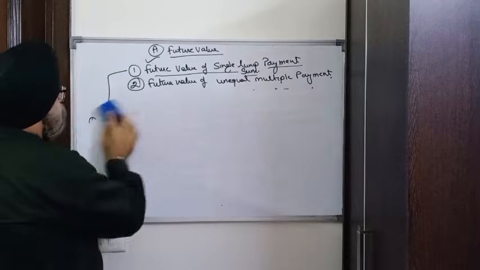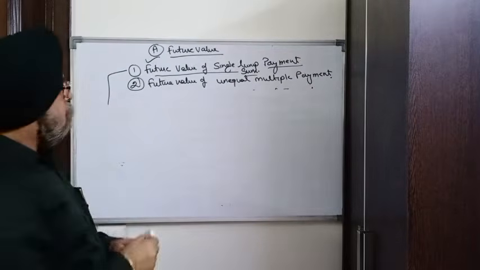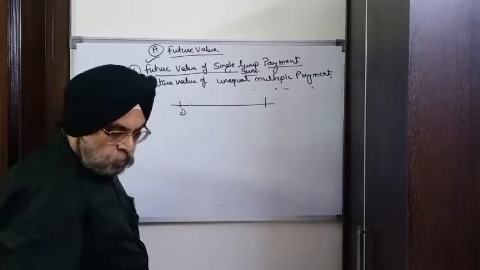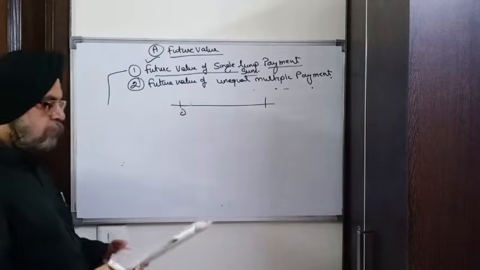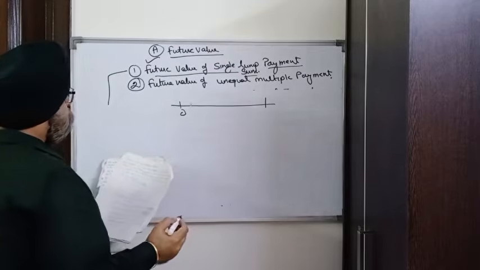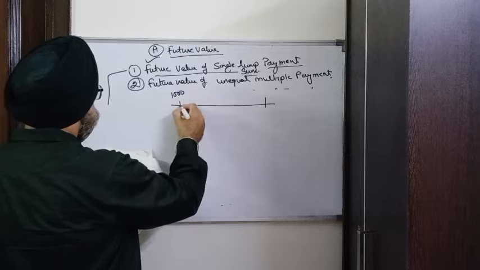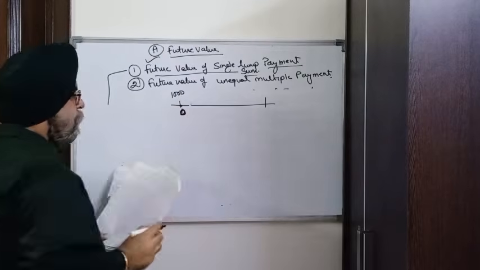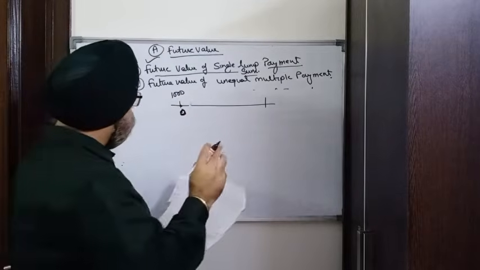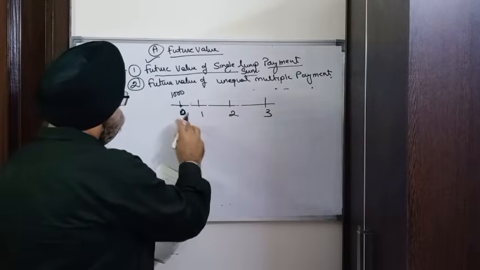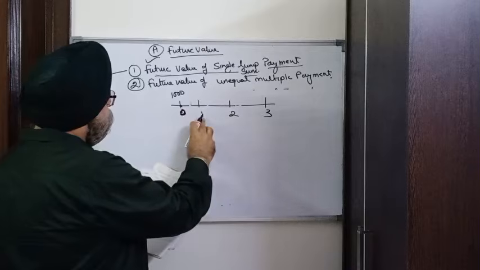Again, the best method is to make a timeline. So the question is, suppose we invest rupees 1,000 in the beginning of first year. First year starts from 0, ends at 1.